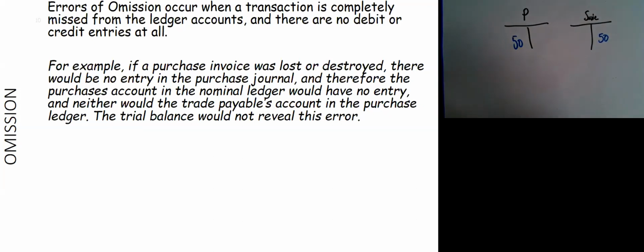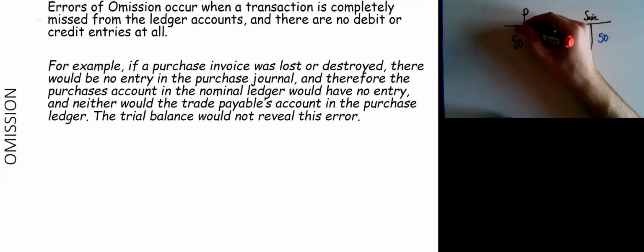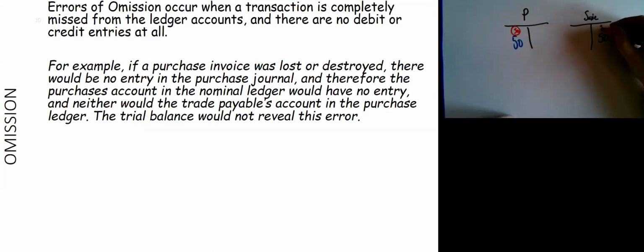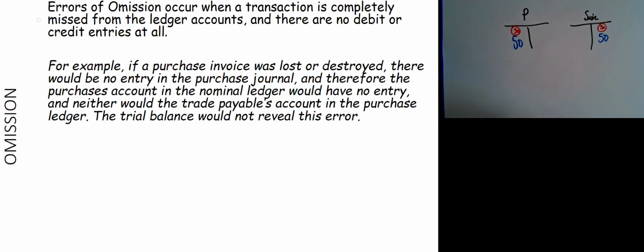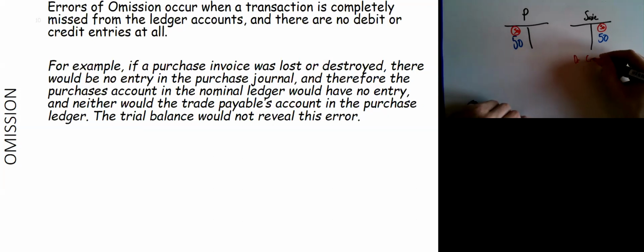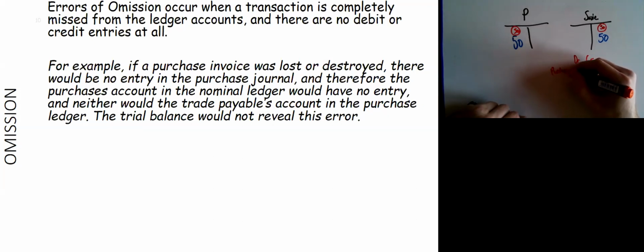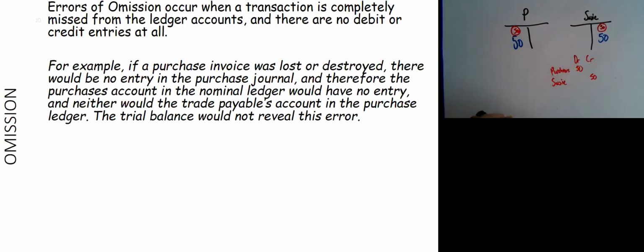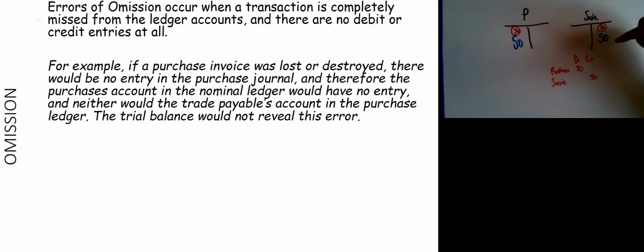So to fix it, well, this one's an easy one. I put 50 on the debit side of purchases and 50 on the credit side of Susie's. So with omission, to fix it, I just actually put it in. I do what I should have done. So my debit and my credit: debit purchases with 50 and credit Susie with 50. And this doesn't show up because if it's been missed out, it still balances. The same amount has been missed out from the debit and the credit.